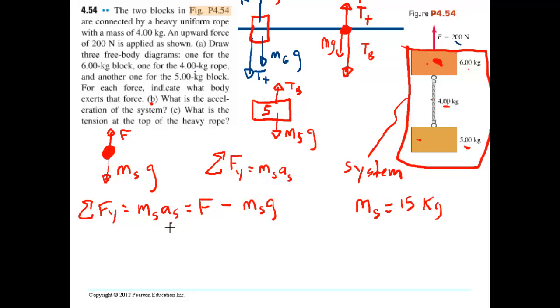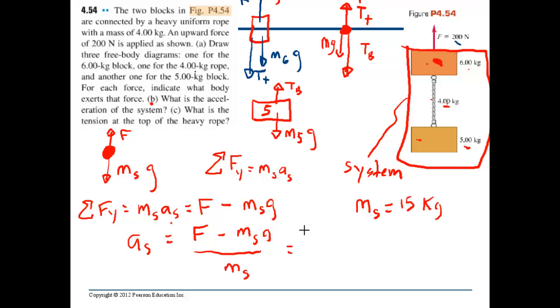And I'm solving for the acceleration of the system. So I can write the acceleration of the system to be equal to the force minus mass of the system multiplied by gravity, quantity divided by the mass of the system.